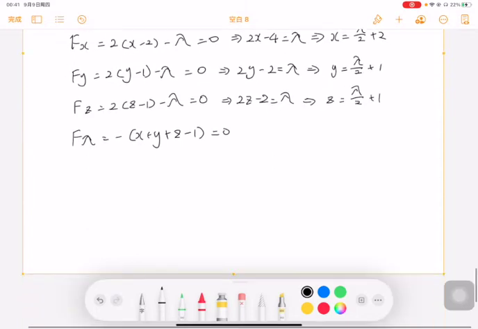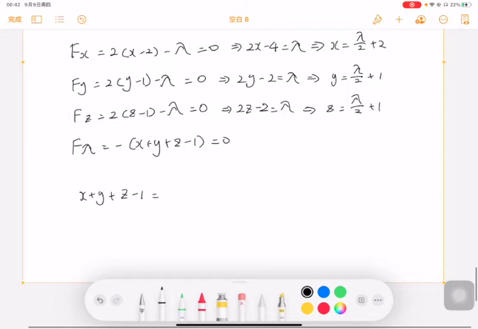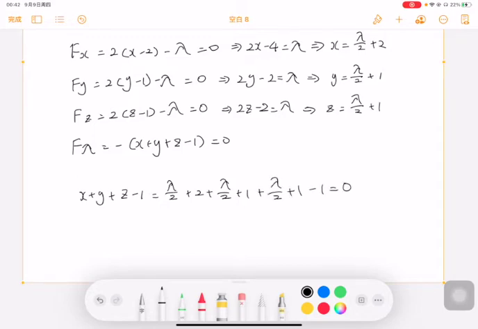All right, plug everything into the last equation. Well, if minus this thing equals 0, positive this thing also equals 0. So you get x plus y plus z minus 1, which equals lambda over 2 plus 2 plus lambda over 2 plus 1 plus lambda over 2 plus 1 minus 1 equals 0.